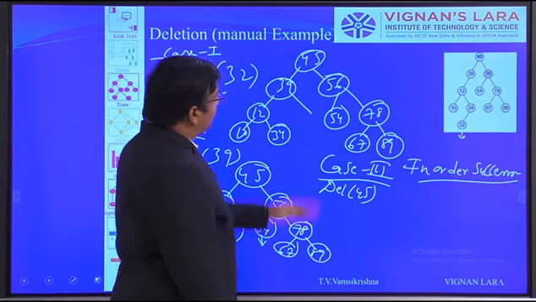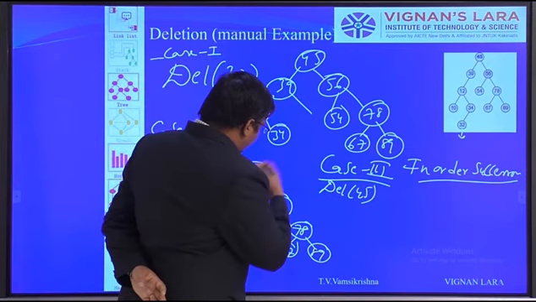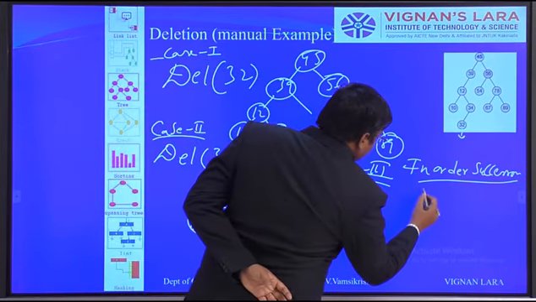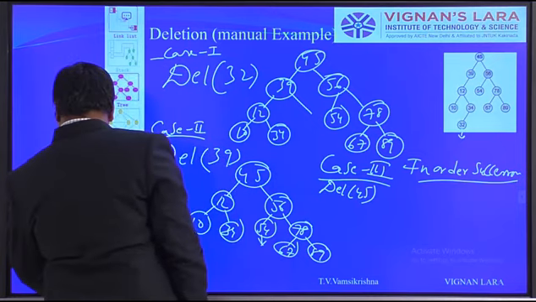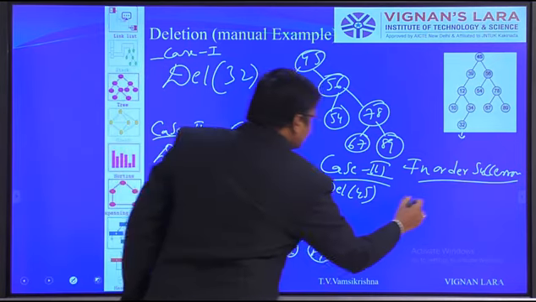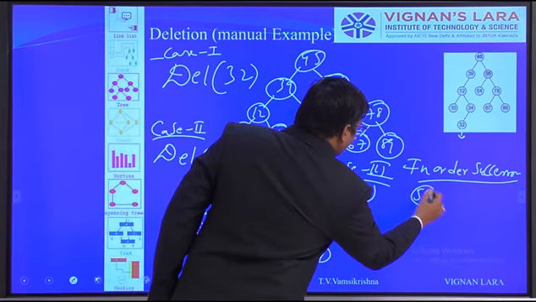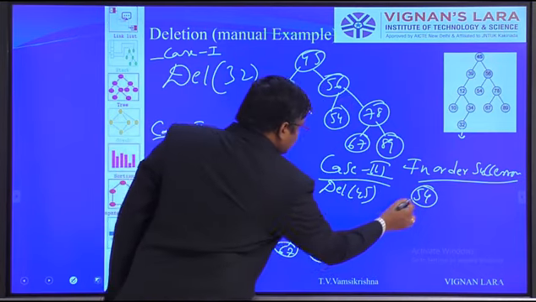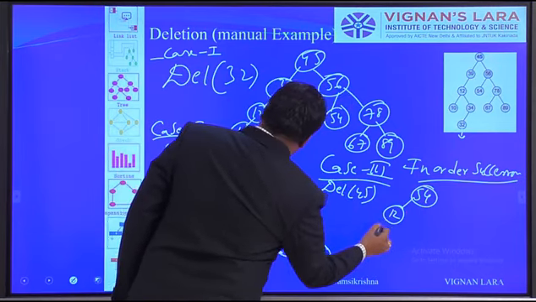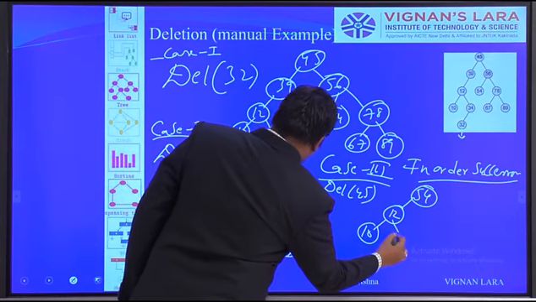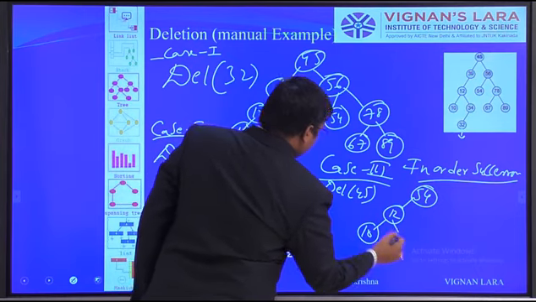So whenever we want to delete 45, so the 54 comes into the root node position. So here 54. Next 12, 10, and here 34.